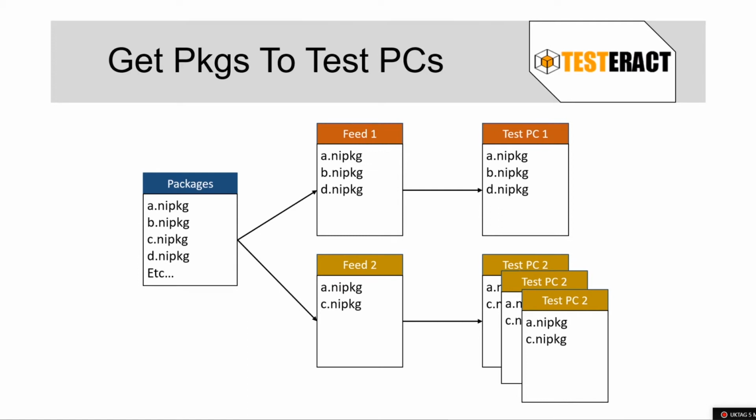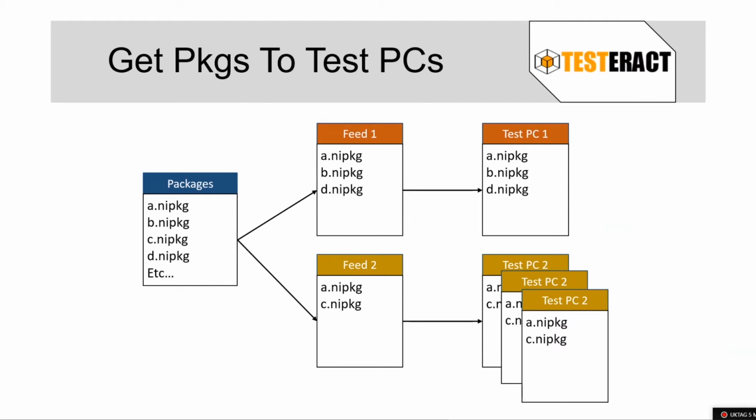Let's say we have a test PC1 that is testing power supplies, and a test PC2 that is testing modems, and we have like 3 of those out on the floor. We would create a feed specifically for the test PC2 that's testing the modems, because it's going to have different packages than the other PC. And PC1, the power supply PC, is going to subscribe to a different feed.